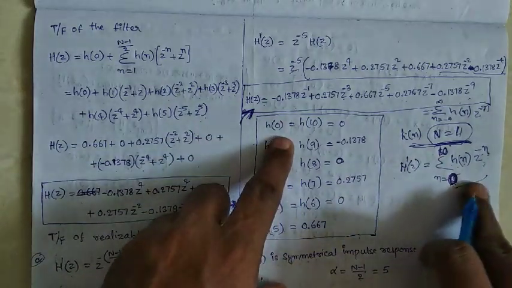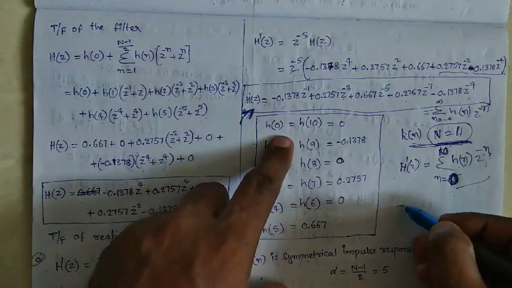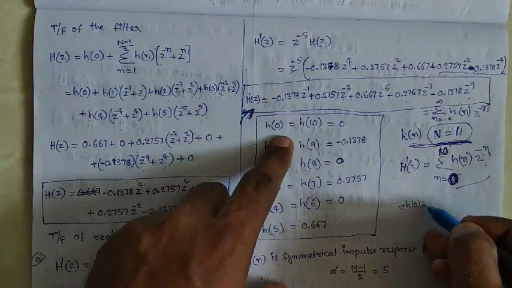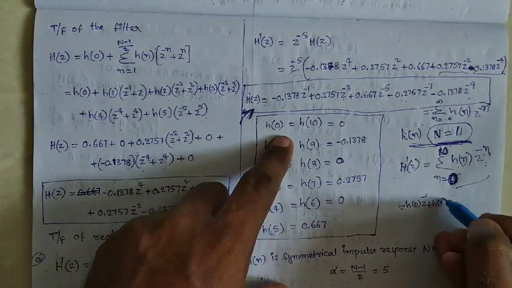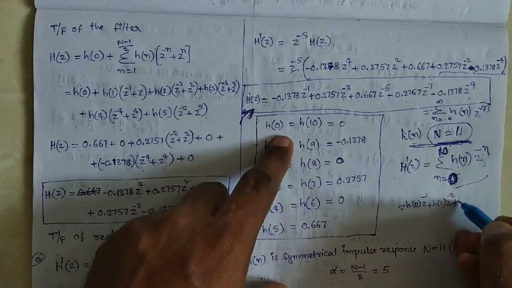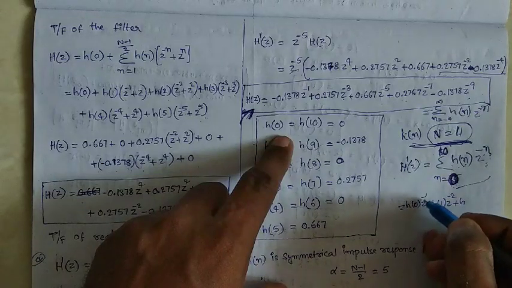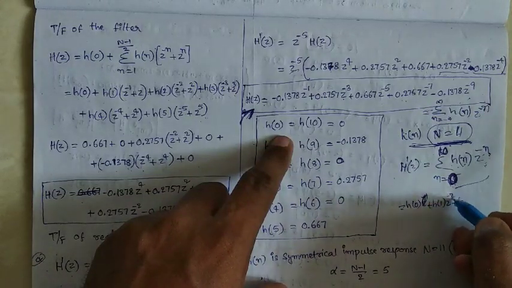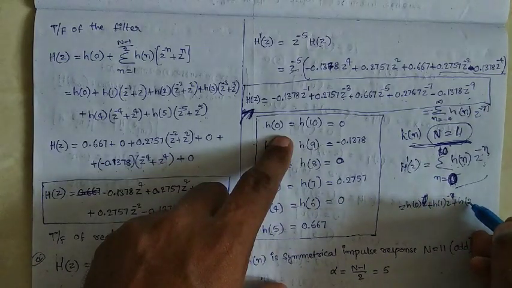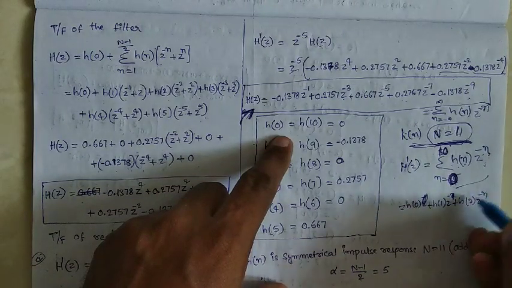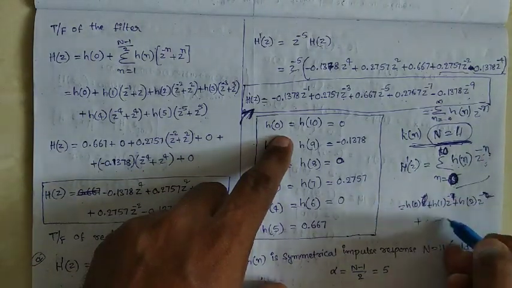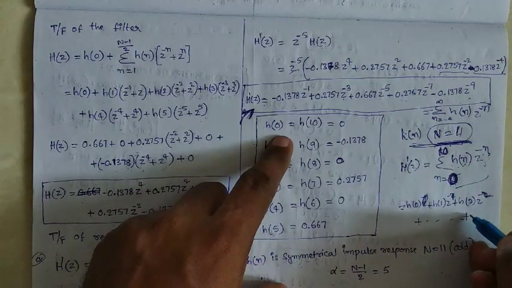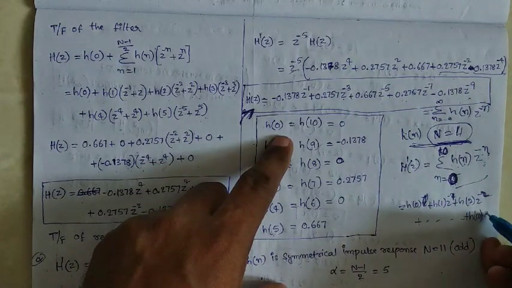From this we are comparing, expanding this one. This means h of 0 plus h of 1 into z power minus 1 plus h of 2 into z power minus 2 plus so on up to plus h of 10 into z power minus 10.